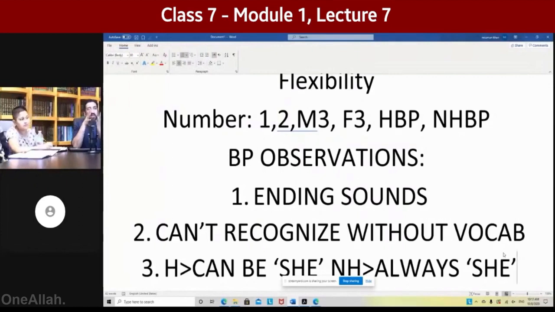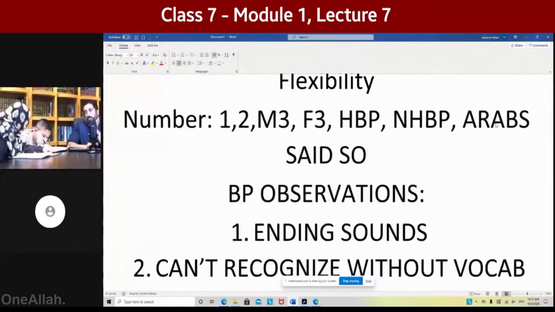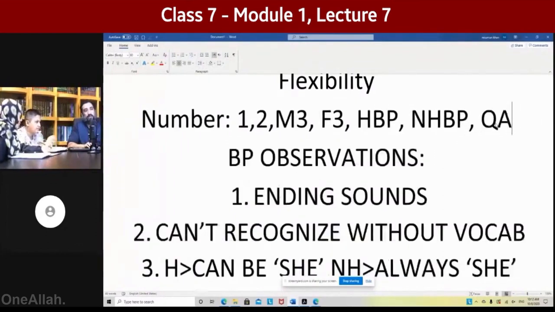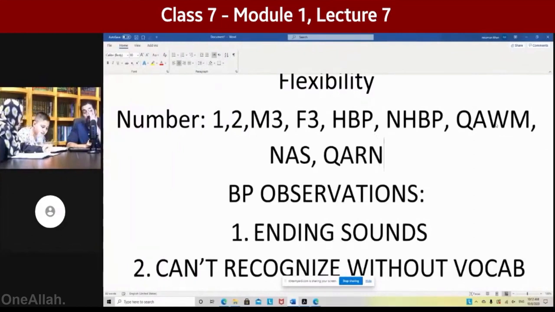And then there was one small item, plural because the Arab said so. Qawm, nas, qarn. There's a few more words there, but qawm, nas, qarn is enough for you right now. You don't even have to write 'Arab said so'. That's a waste of letters. Just say qawm, nas, qarn. You already know those are plural because the Arab said so.